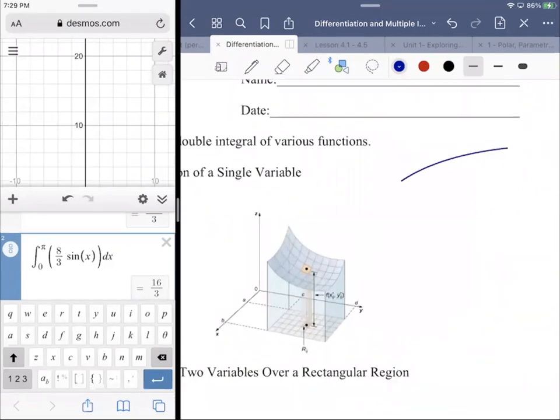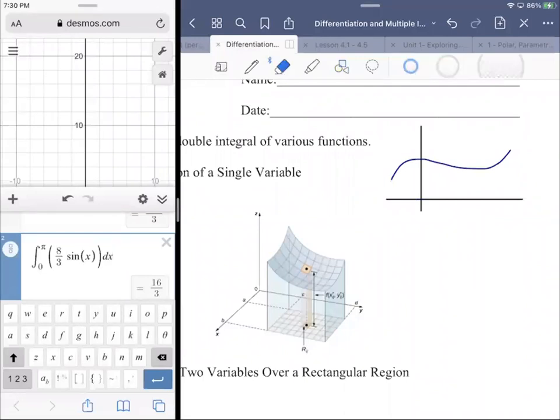Arbitrary function in space. I guess that would have been a fine arbitrary function, but this is the one I had in mind. And you wanted to find the area under the curve, and that term, area under the curve, as a student, I understood it fully. It made perfect sense.